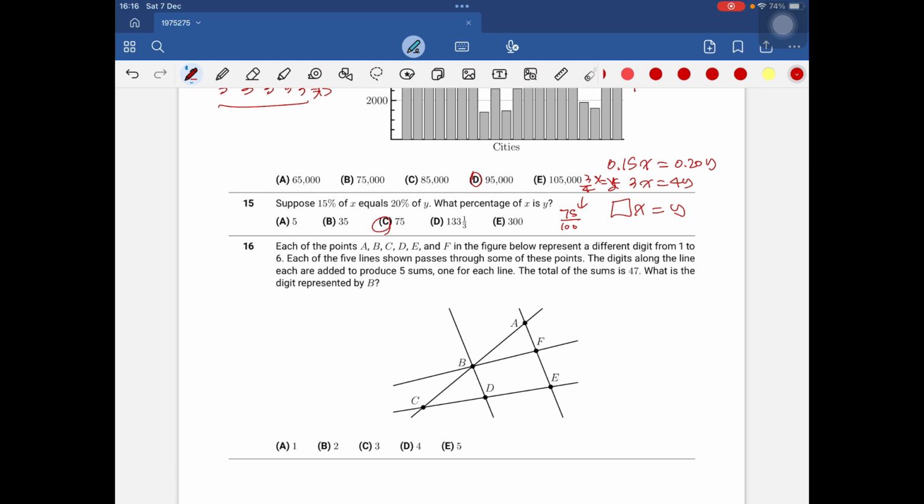Each of the points A, B, C, D, E, F is assigned a different digit from 1 to 6. We don't know what is 1 and what is 6. There are 5 sums.